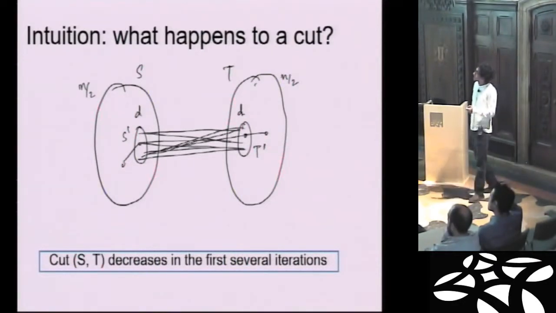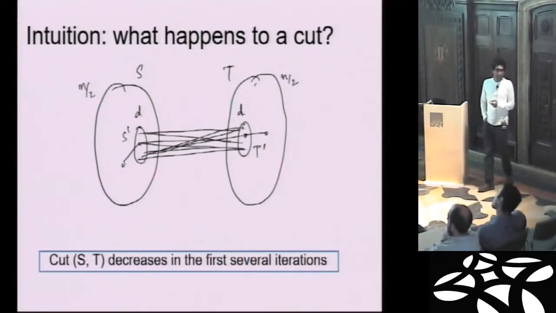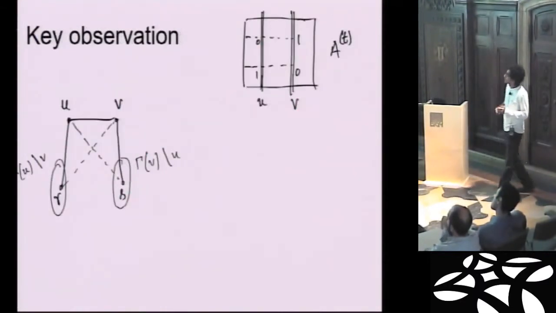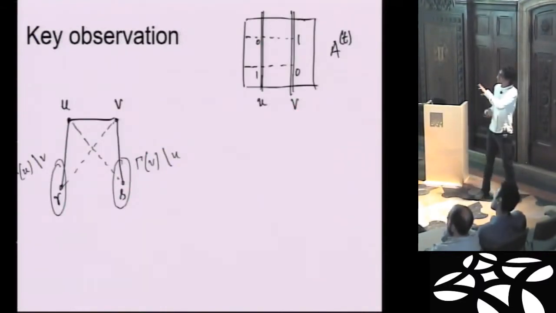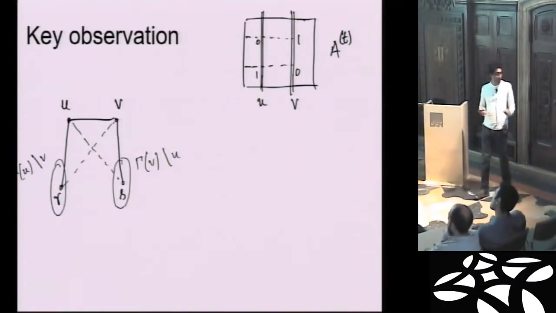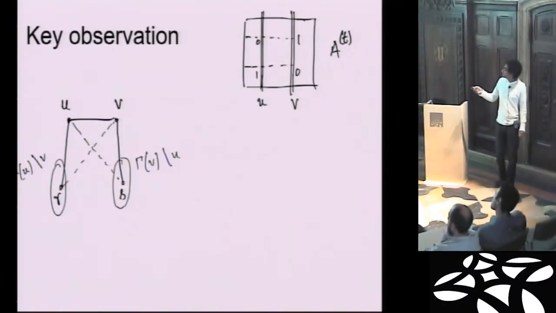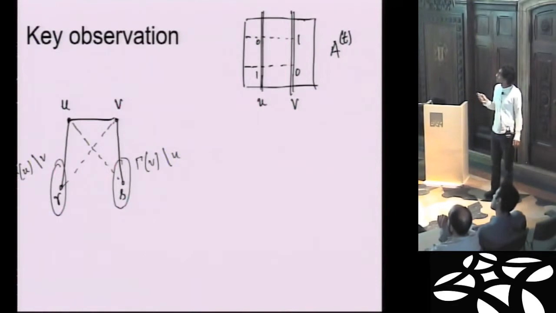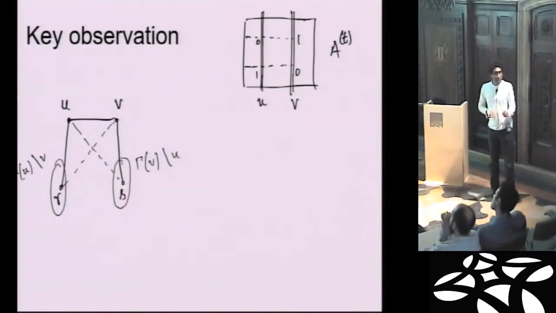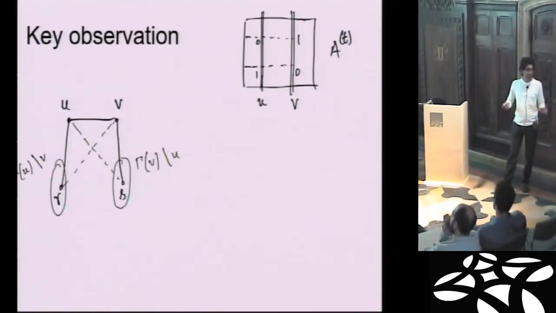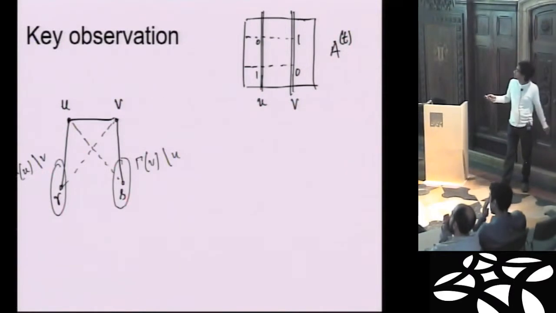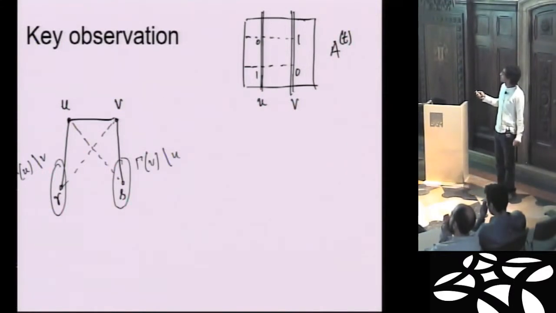So what we did is take a completely different viewpoint on this. Okay? And the main idea is the following. Okay? So the main idea is to look at it from a very linear algebraic perspective. Okay? So let's look at the adjacency matrix of the graph, and see what happens to it as you do this procedure. Okay? So you have this adjacency matrix.